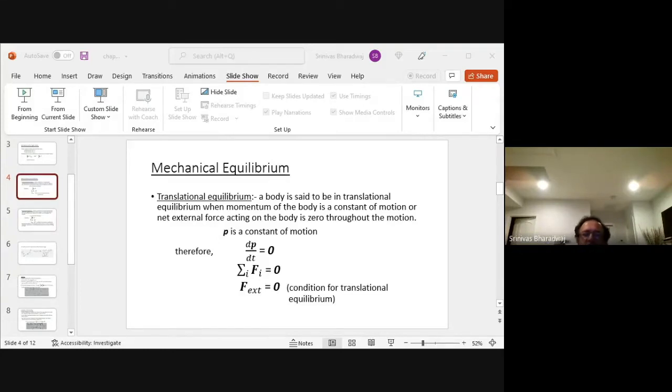So the net torque will be R1 F1 minus R2 F2.